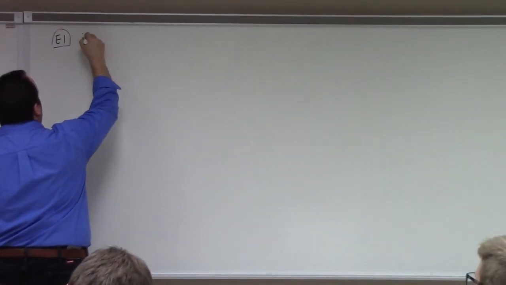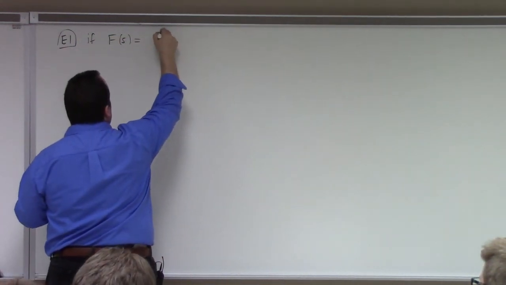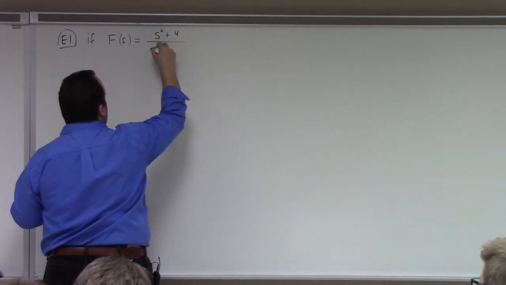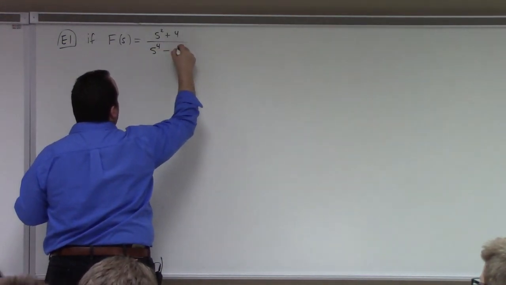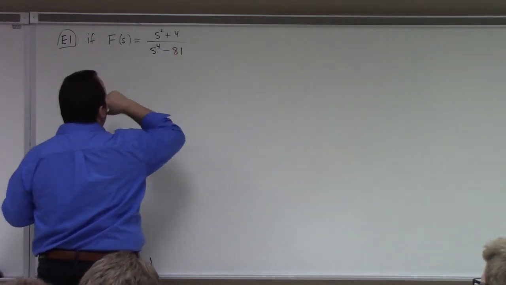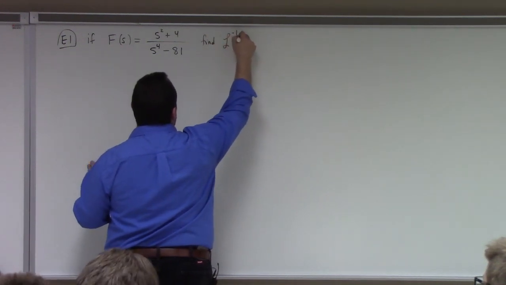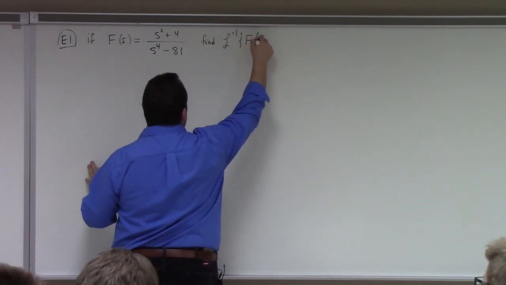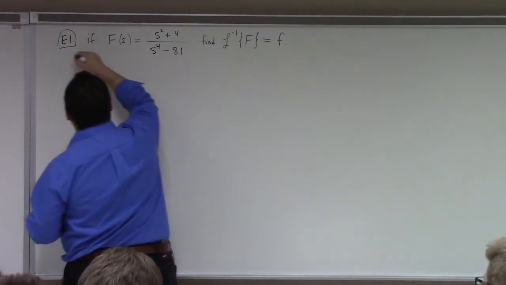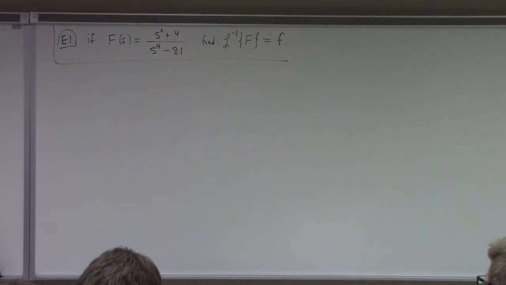Example 1. If F of s is equal to (s squared plus 4) over (s to the 4th minus 81), find the inverse Laplace transform of F, which we usually call little f. So what are we going to do?